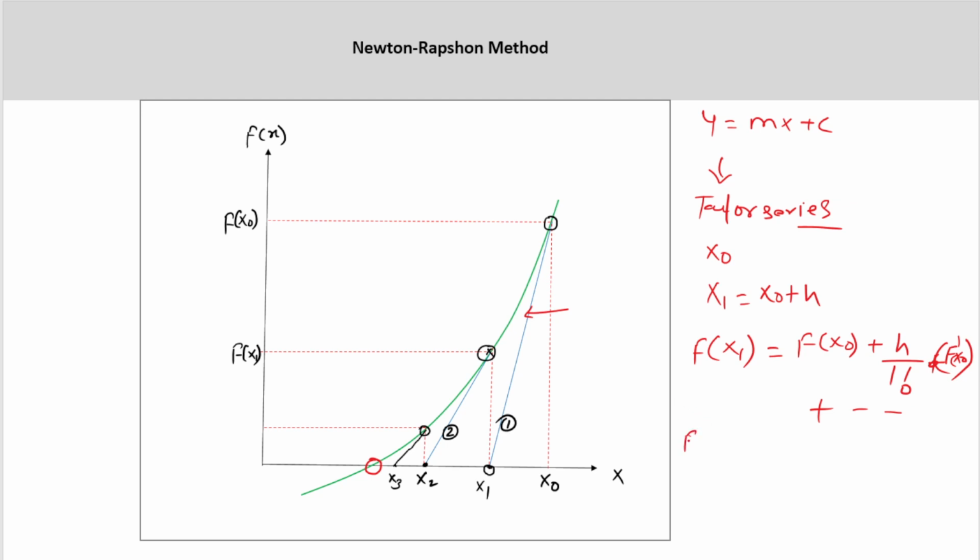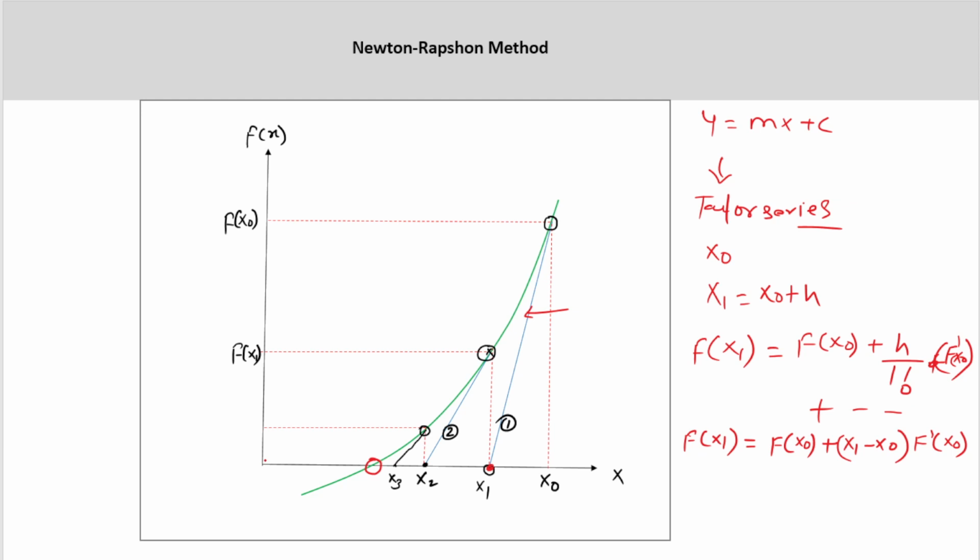f of x1 is equal to f of x0 plus x1 minus x0 times f dash x0. But remember, our target is to find the root of that particular line. The root means the function value is 0.